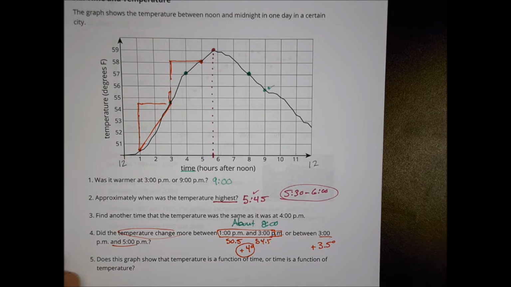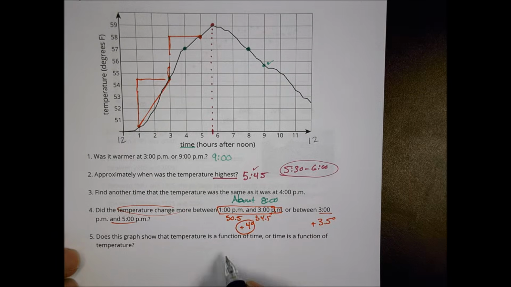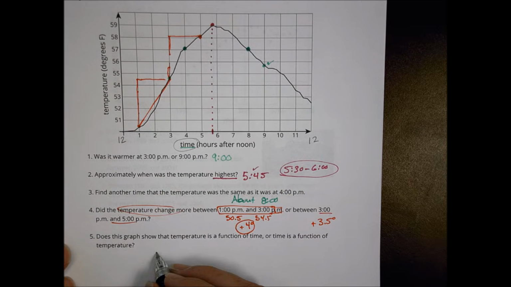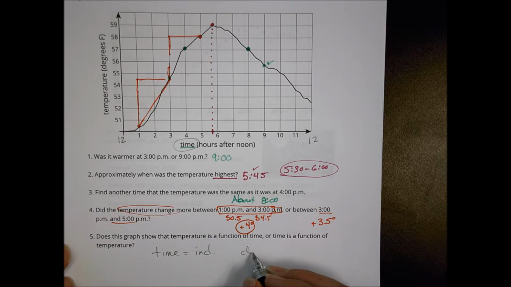Does this graph show that temperature is a function of time, or time is a function of temperature? Now remember, when it comes to function, we're saying which one depends on which. In this case, our x-axis is time, right? So time is our independent variable, okay? And our dependent variable is going to be the temperature.